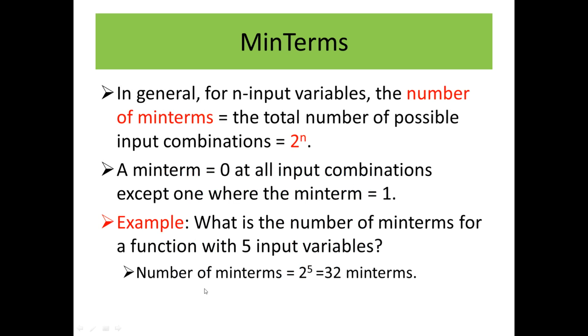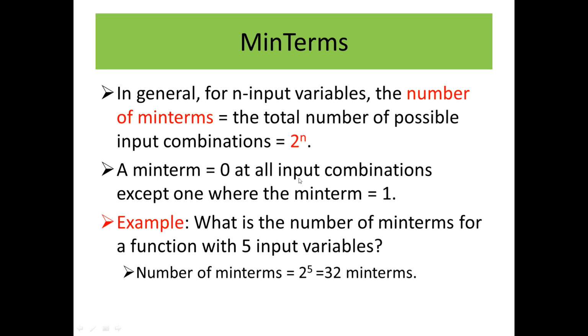In general, for n input variables, the total number of possible input combinations will be 2 raised to n. That's why I told in the earlier slide, if the number of input variables is 3, 2 raised to 3, total combinations will be 8. If the number of input variables is w, x, y, z, that is 4, then 2 raised to 4 is equal to 16. So the total number of rows will be 16 if the number of input variables is 4.